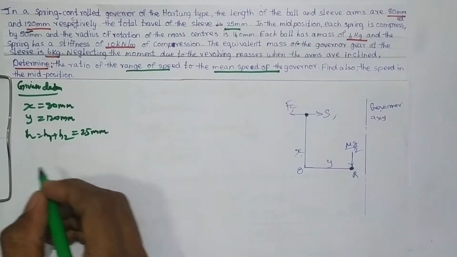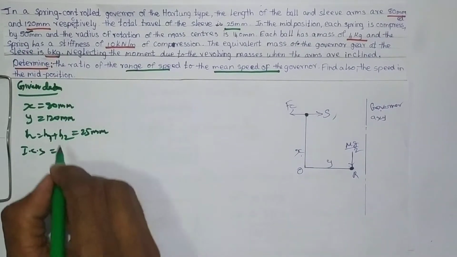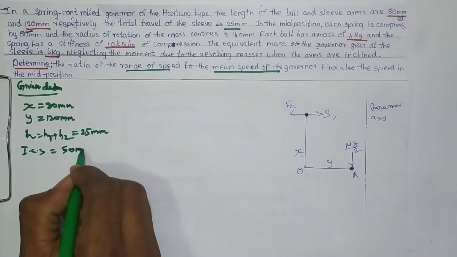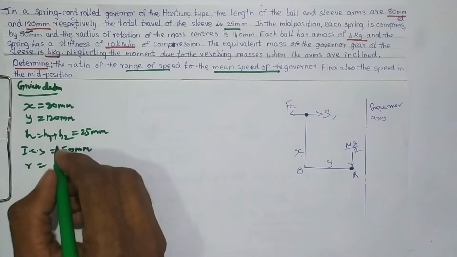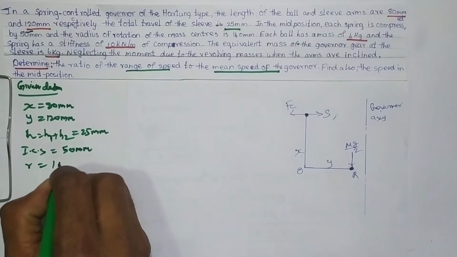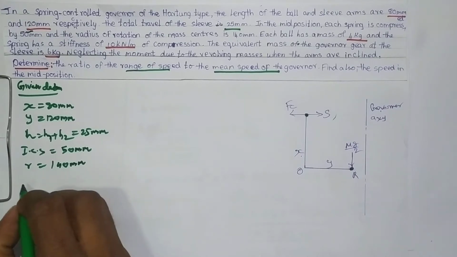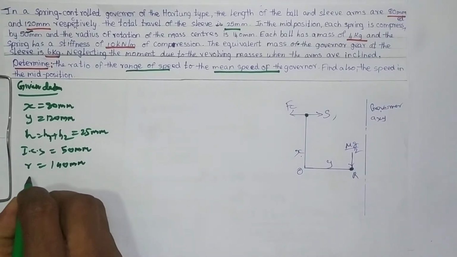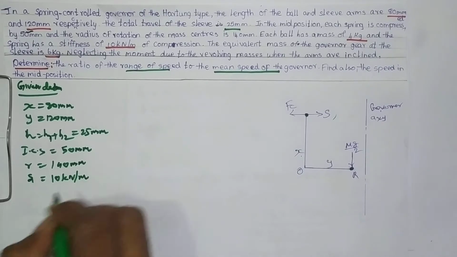The initial compression of the spring is equal to 50 mm. The radius of rotation is equal to 140 mm. The spring constant, small s, is equal to 10 kilonewton per meter.